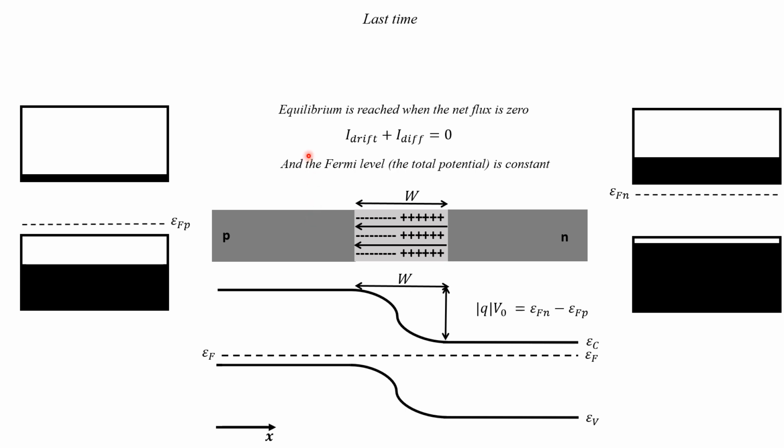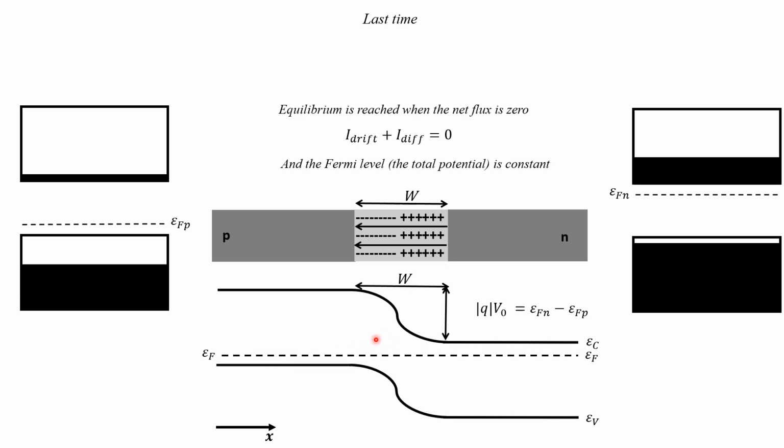But we still have the same condition that we discussed in lecture 9 for currents, but now this condition for currents must be applied to both holes and electrons separately. And we also have the condition that the Fermi level has to be constant across the semiconductor. This is shown here in the band structure.